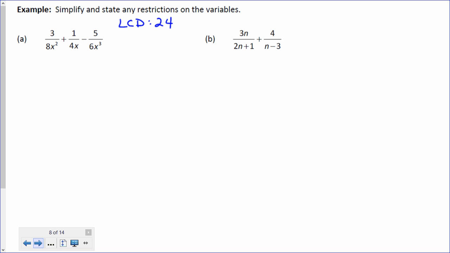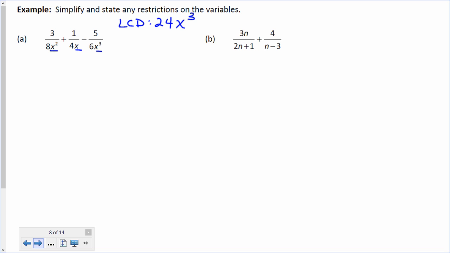You just pick x cubed, because the smaller powers will always go into a bigger power with the same base. So your rule is you look at your variable part, and because I want to be able to divide into all three of these, I need to pick the highest exponent. So 24x cubed is going to be my denominator.